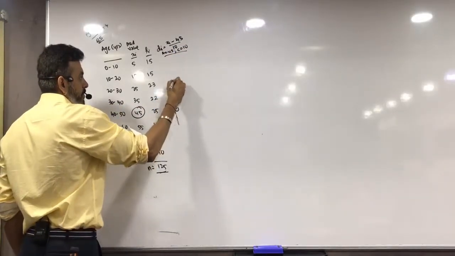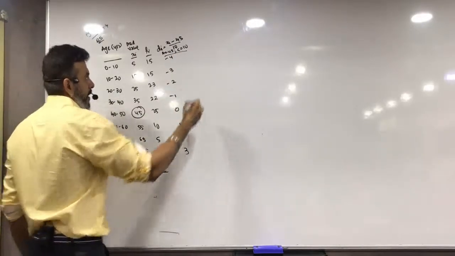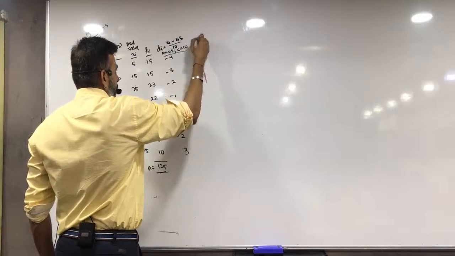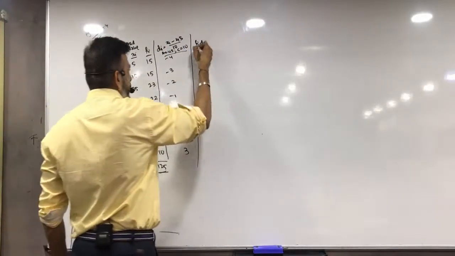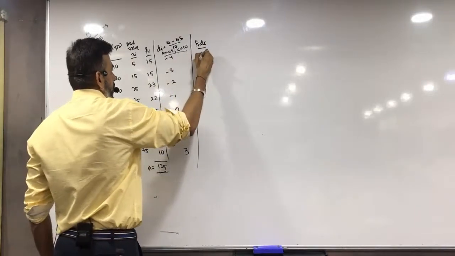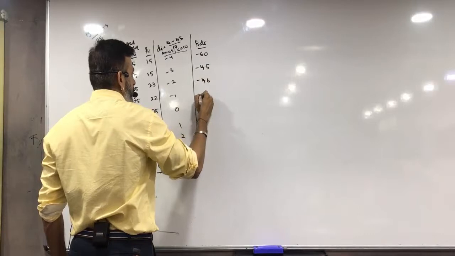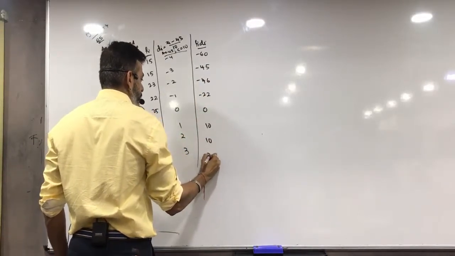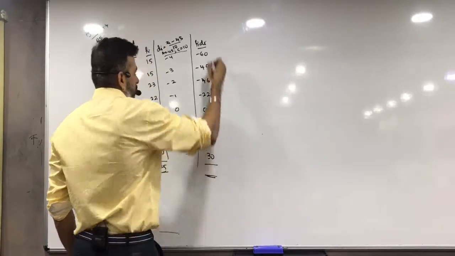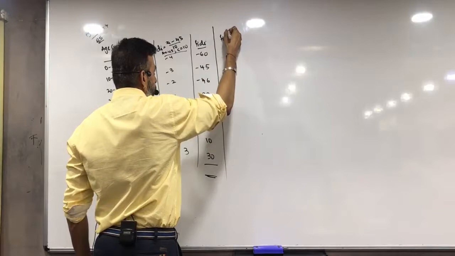Di: 0, minus 1, minus 2, minus 3, minus 4, 1, 2, and 3. Fi di: if you get confused, then you draw lines. Okay, fi di: minus 60, minus 45, minus 46, 22, 0, 10, 10, 30. And then fi di square.